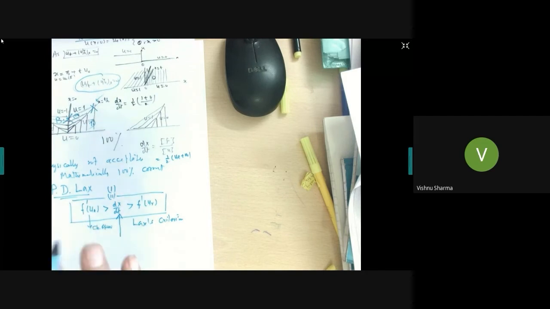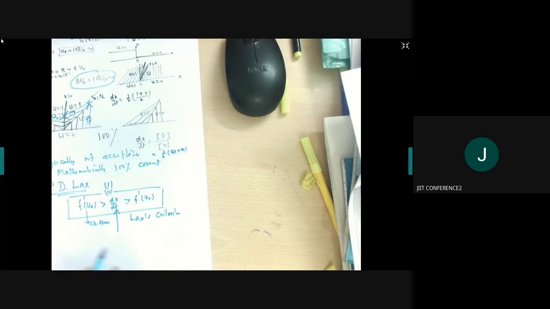So this is the criterion propounded by this great mathematician: a discontinuity has to be introduced into the solution only if the characteristics intersect.